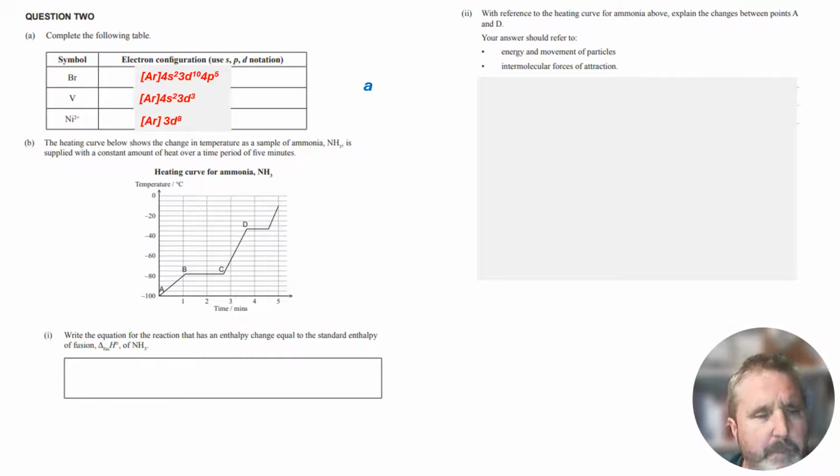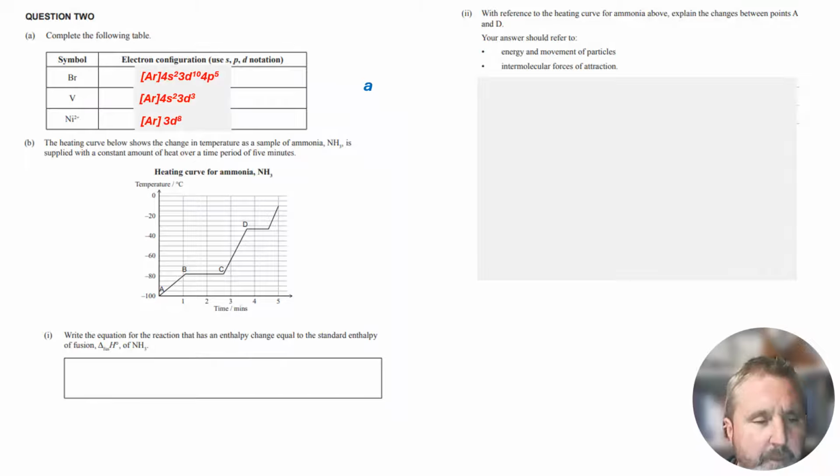Now we move on to question B. Question B sort of turns up every second year. It turned up in 2022, it hasn't turned up in 2021. I know that in 2023 it didn't turn up, it may turn up in 2024. So this is a heating curve for a molecule, it's ammonia. Now the important thing we need to remember about these heating curves is that as the temperature increases, the kinetic energy increases, right?